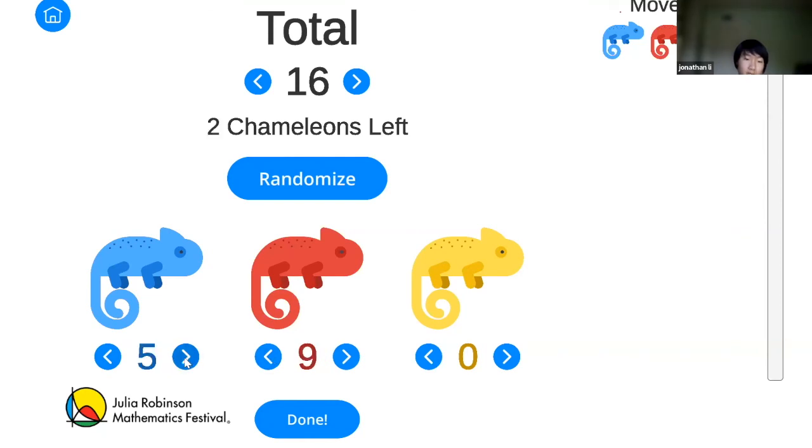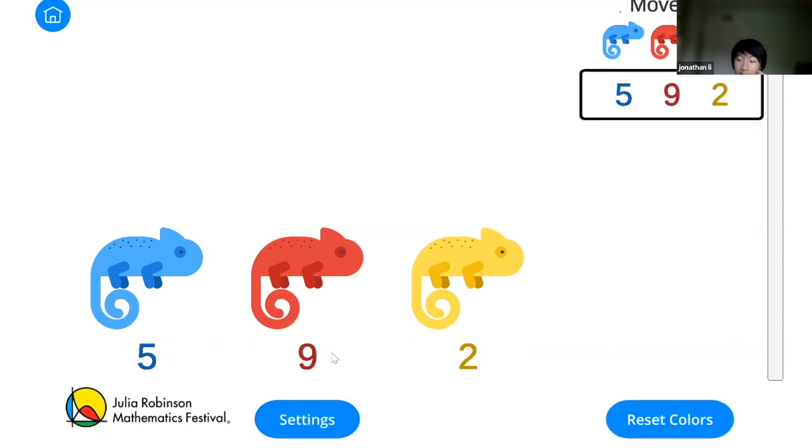So we'll go over a few puzzles. So we had 15 there. So we're going to try to find a pattern for what we can do for the numbers of the chameleons. Can you guys think of a combination of colors?